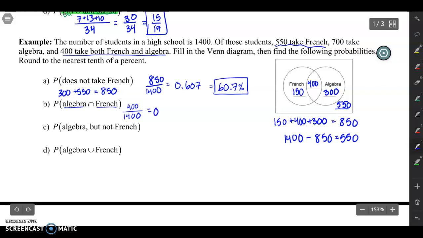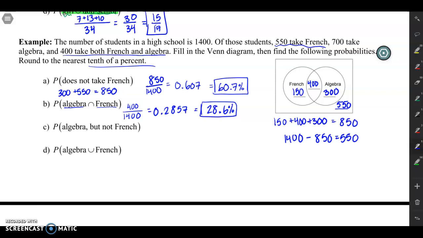We'll take it to a decimal, and then I'll just convert it to a percent. So it's going to be 28.6%. So this problem says to round to the nearest tenth of a percent. So I rounded that 5 to a 6 because the following number was a 7.